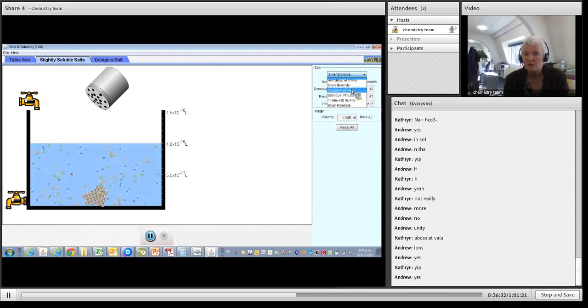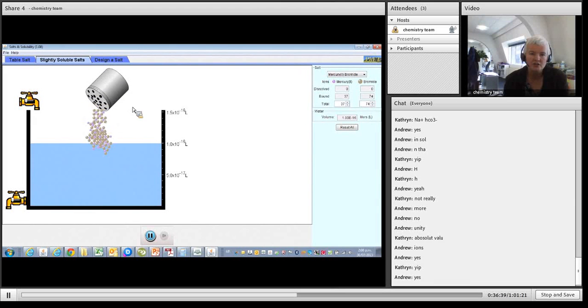If I go to, say, mercury bromide, it's starting to dissolve. Now, can you see there's a different ratio there? So you can play around with this.